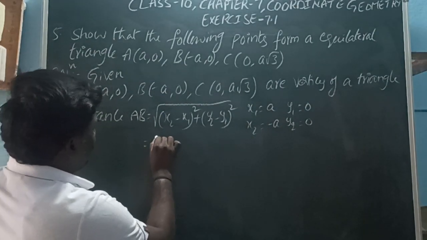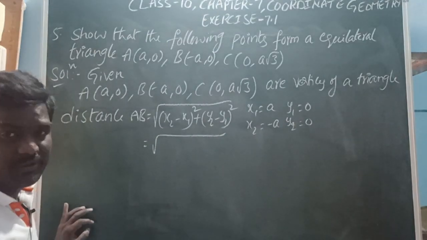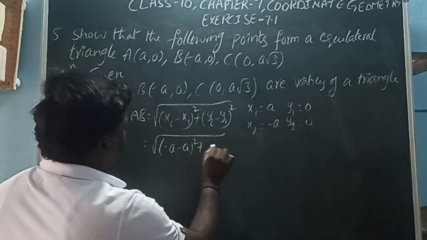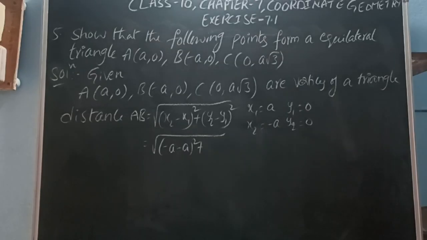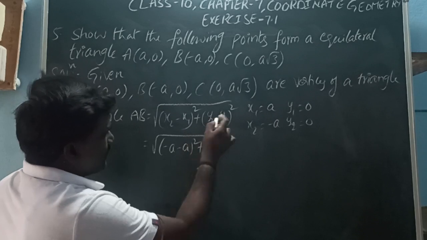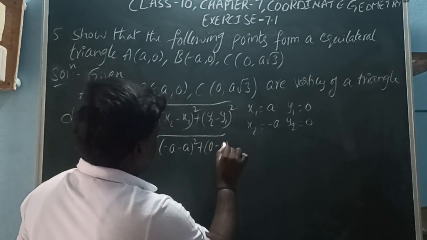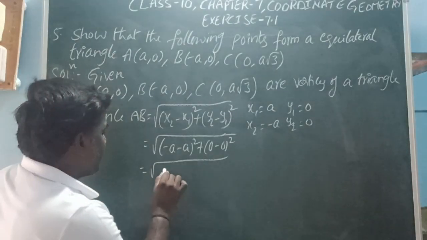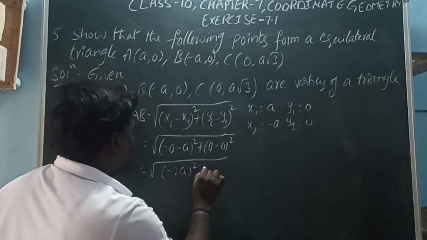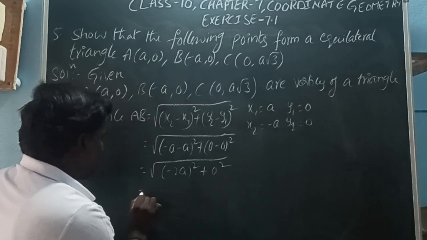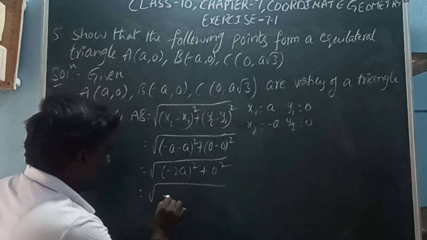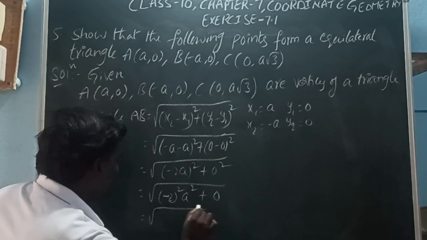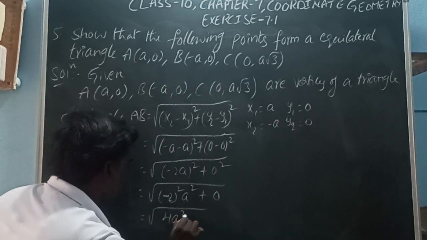So that is square root of (x2 minus x1) whole square, that is (-a minus a) whole square plus (y2 minus y1) whole square, (0 minus 0) whole square. So that is (-2a) whole square plus 0, that is 4a square plus 0.